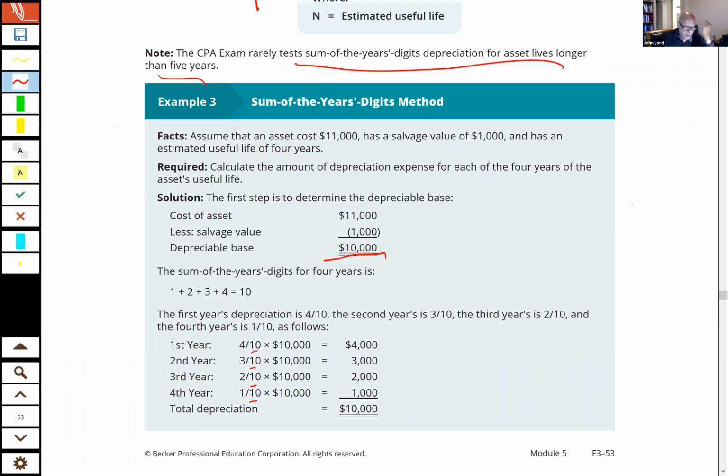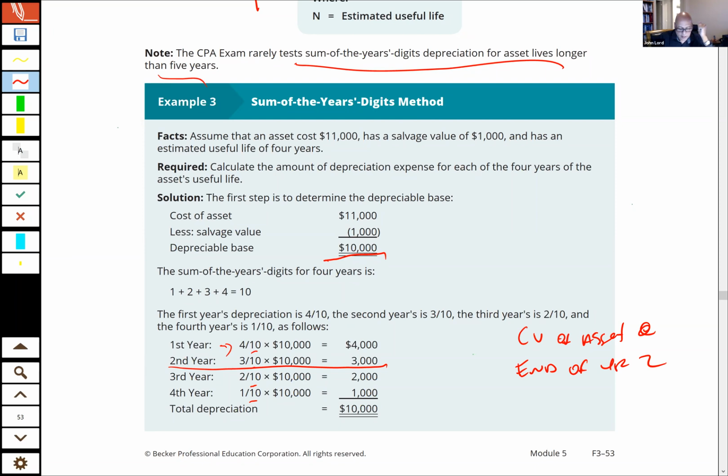That gives me the denominator. And then the numerator, year 1, take 4/10, and so on. Okay. Now, let's say the question asks you for the carrying value of the asset at the end of year 2. What's your answer?